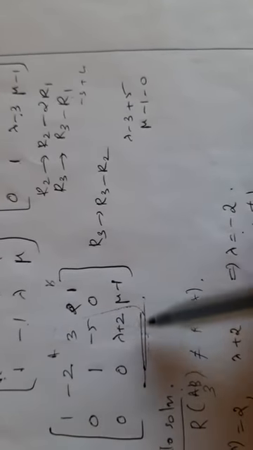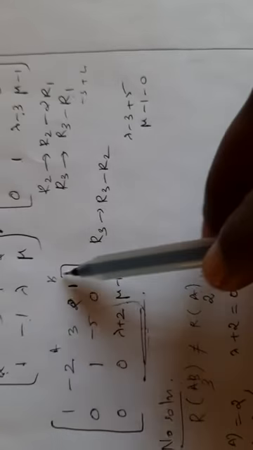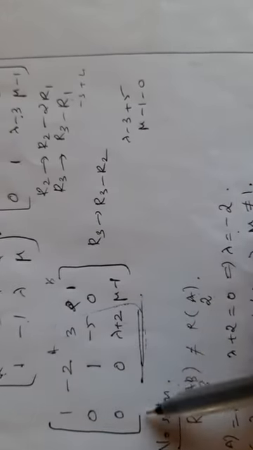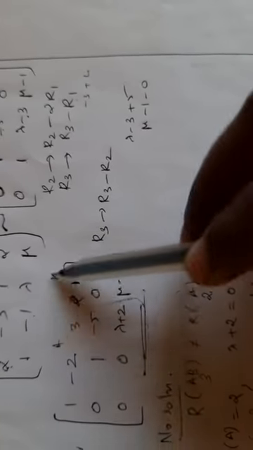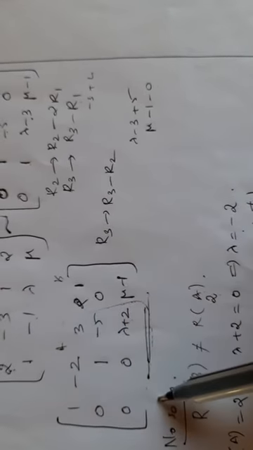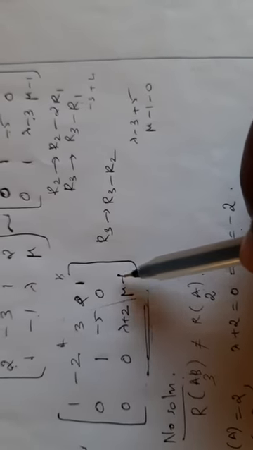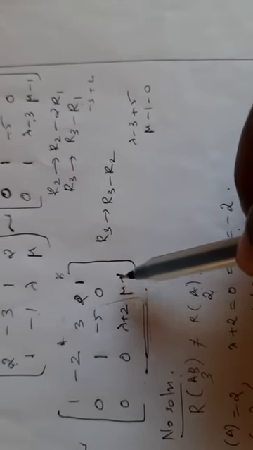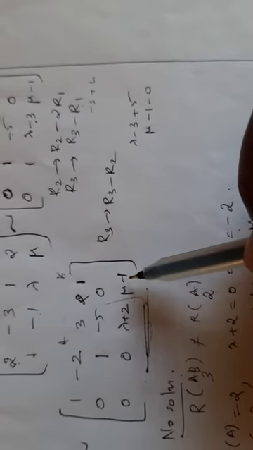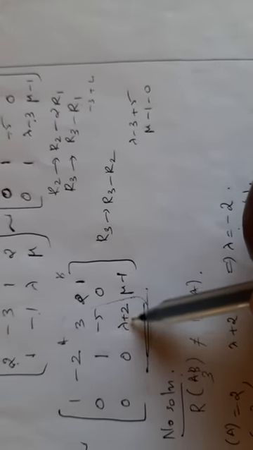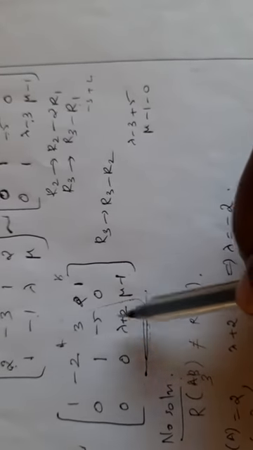And what about rank of AB? This element is included in AB also. So if it is non-zero, then rank of AB will also be equal to 3. Whatever may be the value of this element, mu minus 1, either it is 0 or non-zero, here lambda plus 2 remains as a non-zero element. So that element constitutes to the rank of the whole matrix.